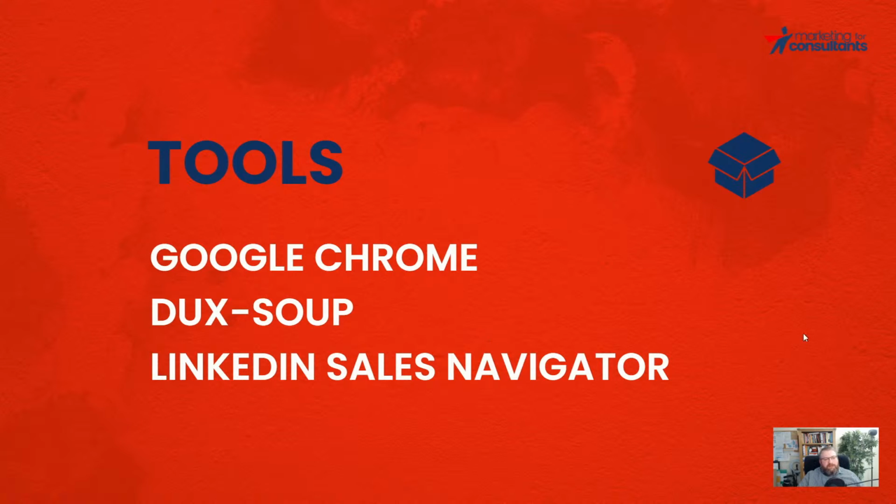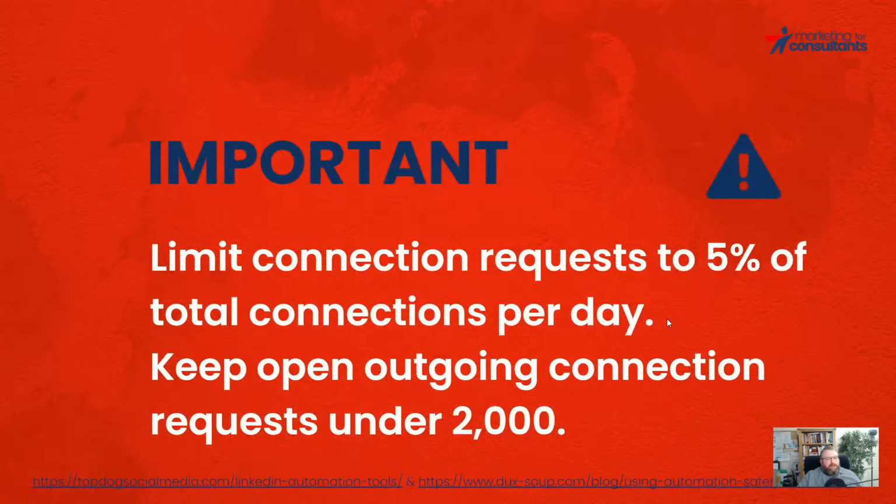So those are the tools. And it is important: limit connection requests to 5% of your total connections per day. Whatever the number is, keep it under 5% of your total connection number, and then keep your outgoing connection requests under 2,000 in total. You should never have more than 2,000 open connection requests, and probably should have less than that.